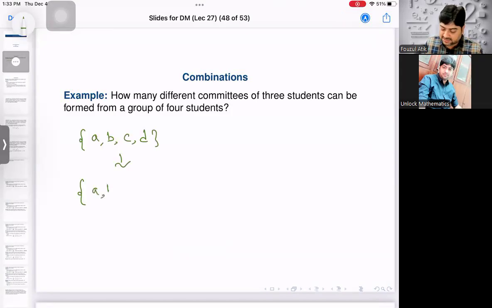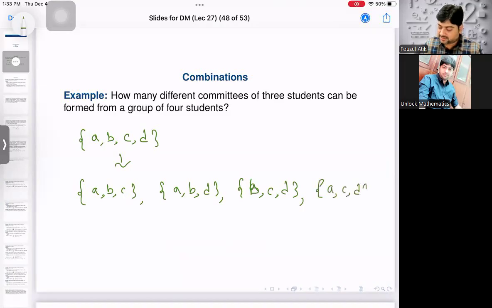So maybe A, B, C is one way to do that. Or A, B, D is another one, right? Or B, C, D. Or you can do A, C, D like this. So you can select this in 4 ways.